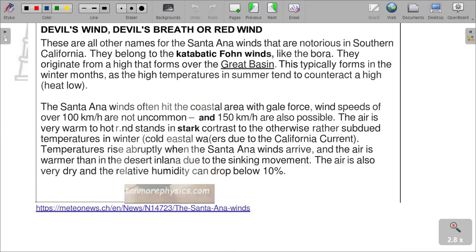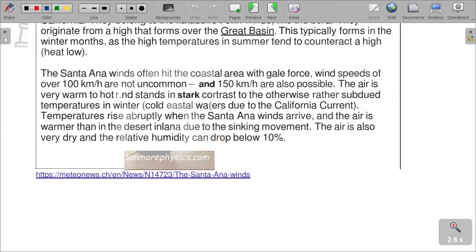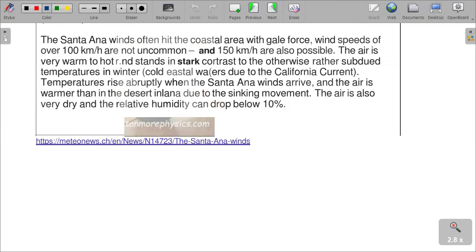So we have got the Santa Ana winds, which often hit the coastal area with gale strong winds with speeds of over 100 kilometers per hour that are not uncommon, and 150 kilometers are also possible. The air is very warm to hot and stands in stark contrast to the otherwise rather subdued temperatures in winter and also the California current.